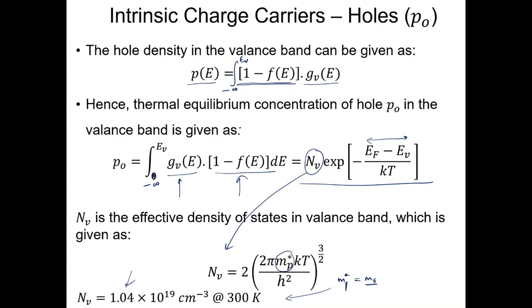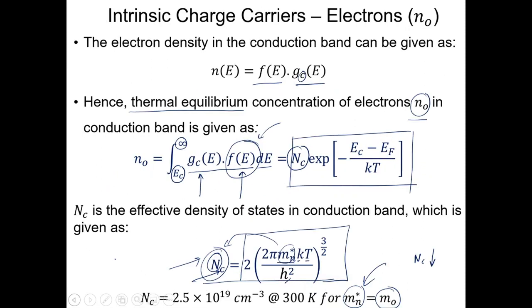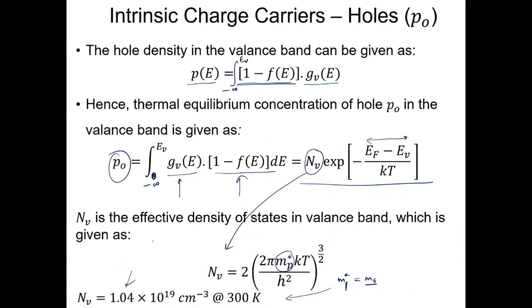Another thing which is important to analyze here is that the total hole concentration, or in the previous case the total electron concentration, is a strong function of the gap between the conduction band and the Fermi energy level. In the case of holes, it's a function of the gap between the Fermi level and the valence band.